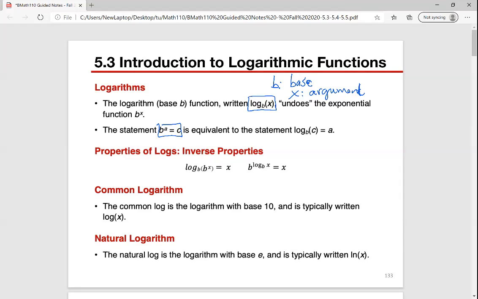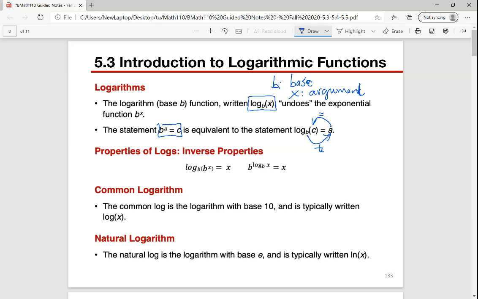It may be a little confusing, but you can remember it this way: when you convert from log form to exponential form, you take the base b, raise it to the power a, and set it equal to c.